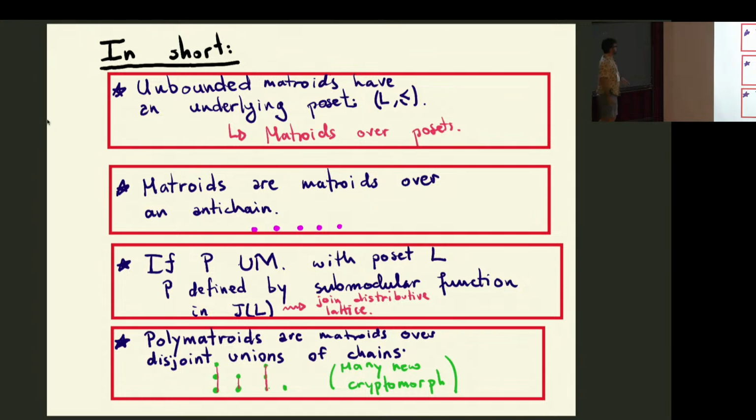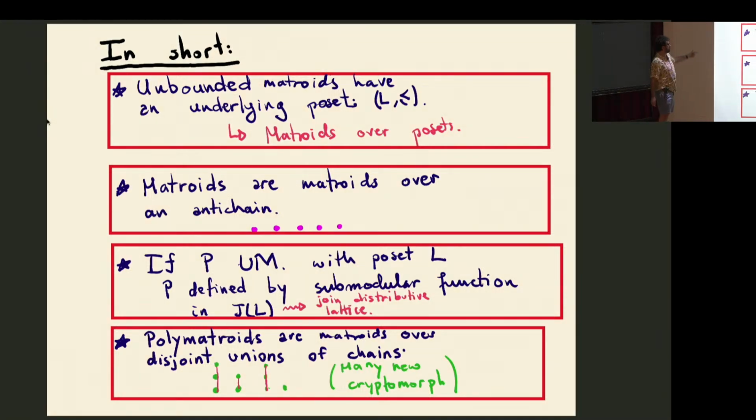So let me give you a brief overview of the things that show up in this theory. If I want to figure out what unbounded matroids are, these are matroids somehow associated to a poset, and the poset comes from the unbounded directions. It's called a poset cone, a classical result, very beautiful.